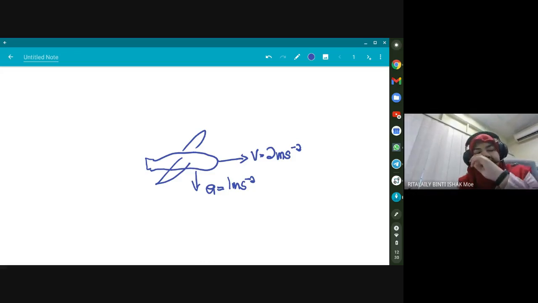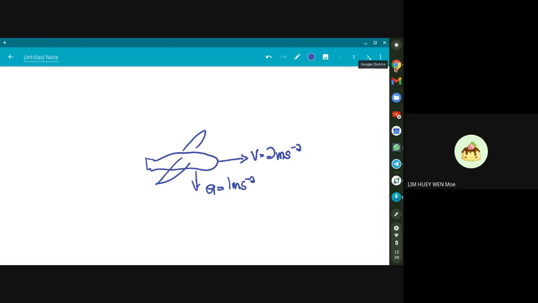Okay, so what can you say about the forces acting on the aeroplane? How many forces, which direction, and what is the relationship between the forces? Okay, anybody? Is there anyone who wants to volunteer to explain?